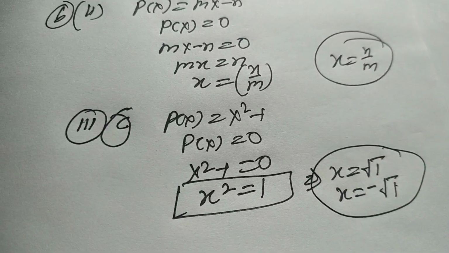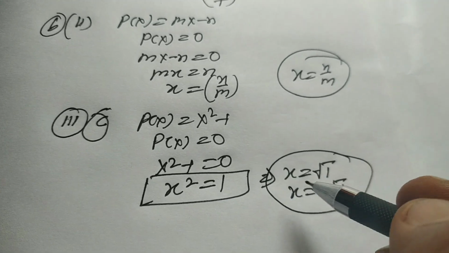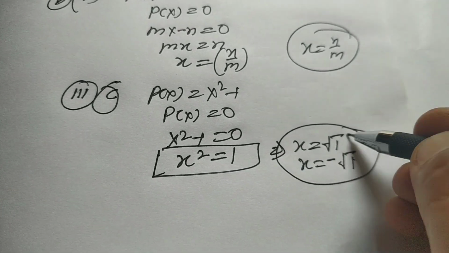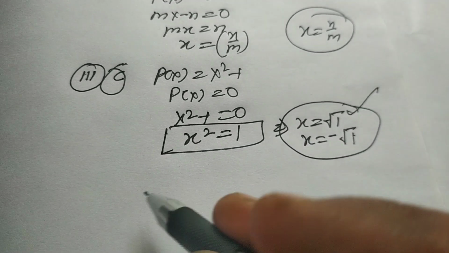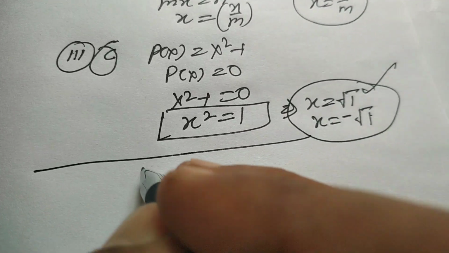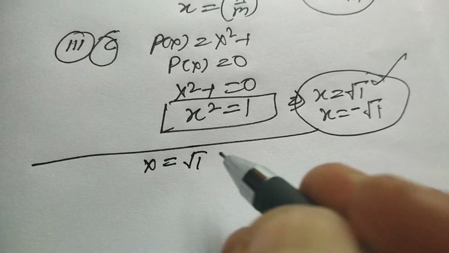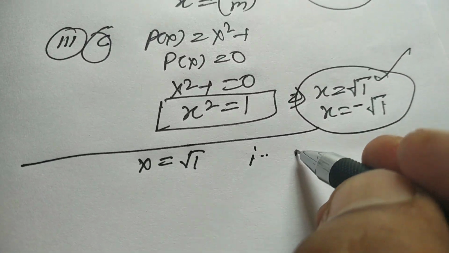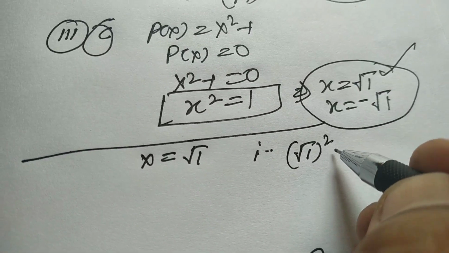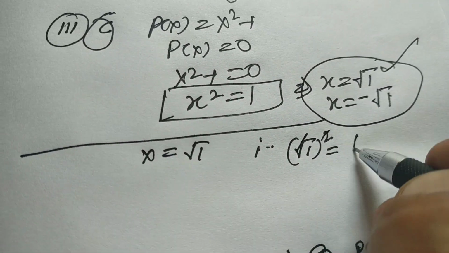Check it. If you put x is equal to root 1, that is the zero of the polynomial. If I verify this, let x be equal to root 1, so that means root 1 whole square is equal to 1.